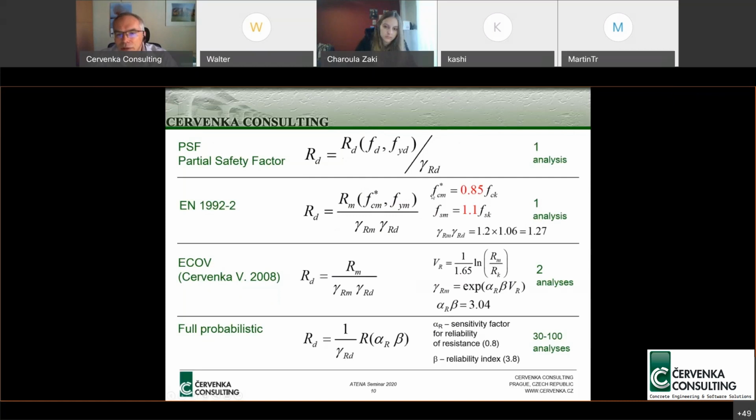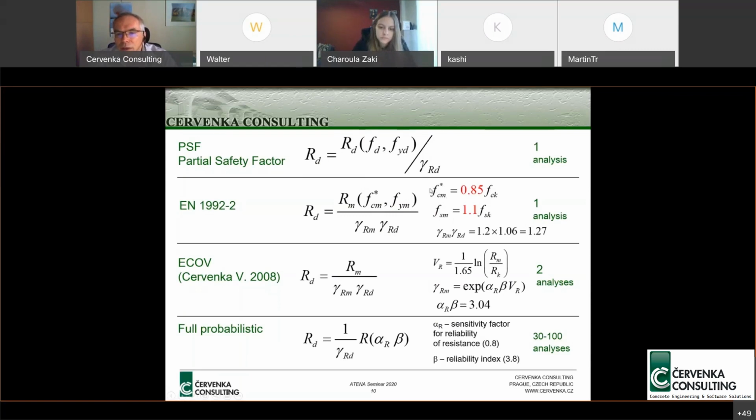So this kind of virtual mean strength of concrete is obtained by 0.85 times characteristic strength. And for steel, it's 1.1 times characteristic yield strength, which really represents, let's say, mean strength for steel.